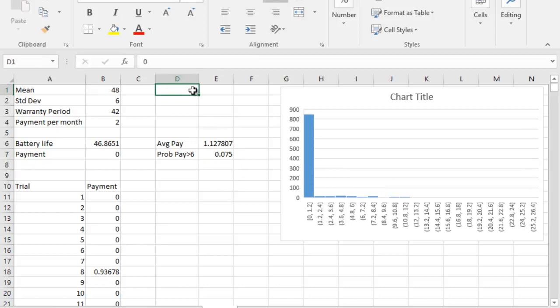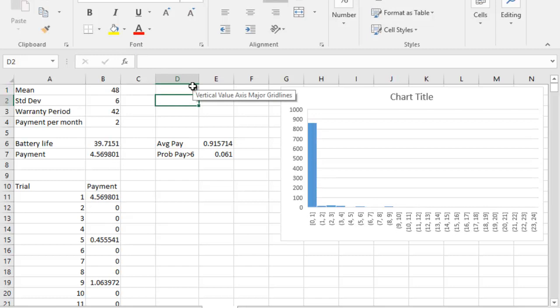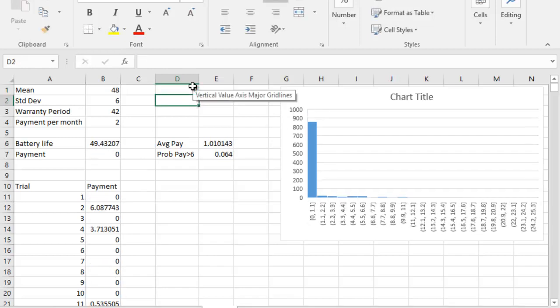So rerunning several simulations, I can see that my average payments are numbers like $1.12, $1.91, and $1.26, and $1.01, and so on. So it looks like around $1, maybe just a little bit more than that.